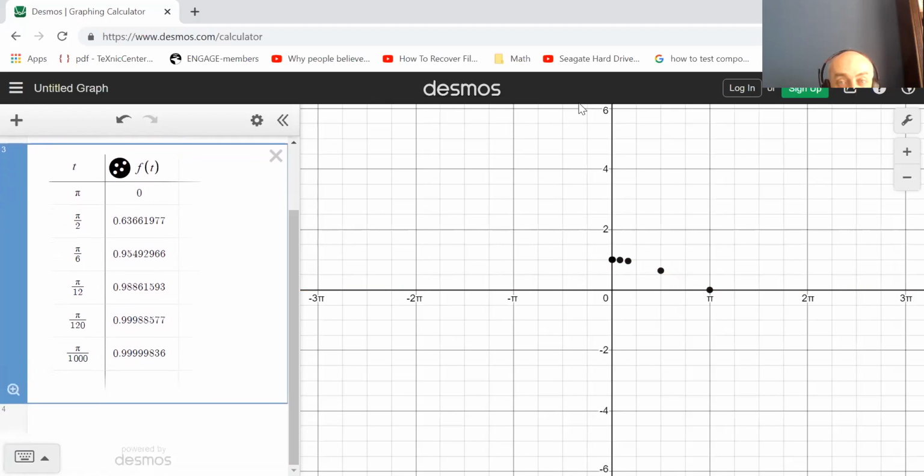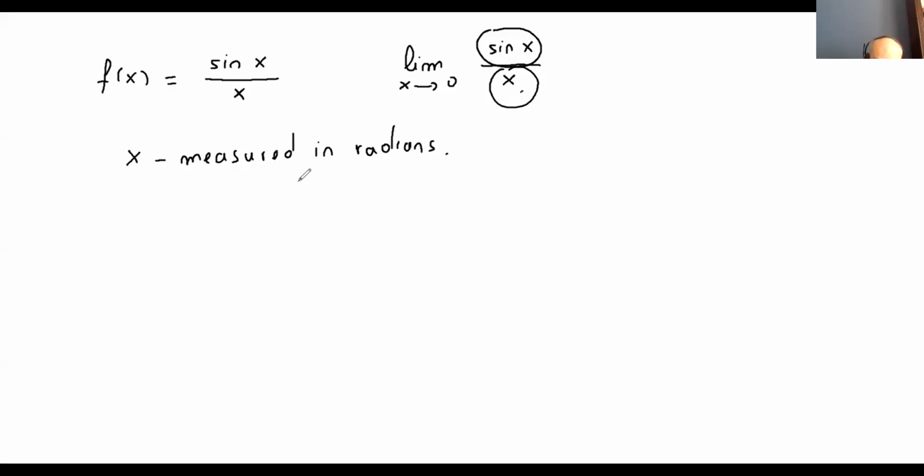So we can conclude, folks, and I'm going to stop sharing over here, and we can conclude here, start sharing this board, that the limit that we're talking about here, as x approaches 0, I'm sorry, 0, of sine x over x is going to be equal to 1.